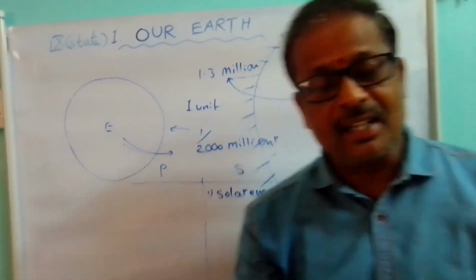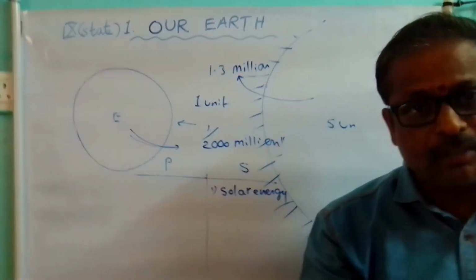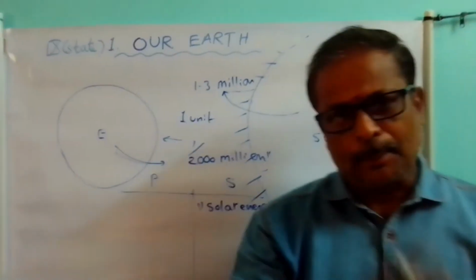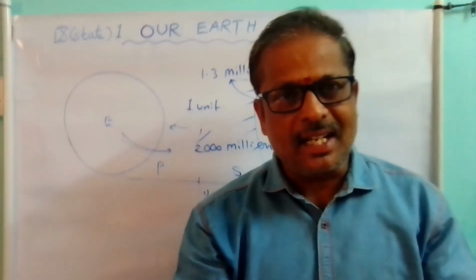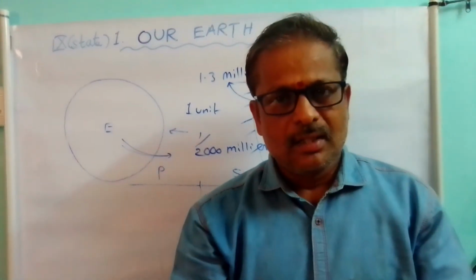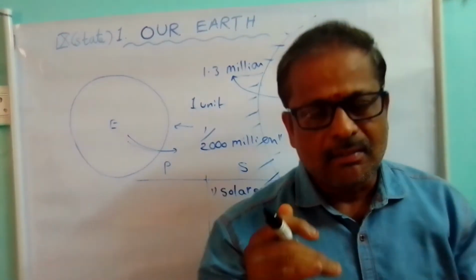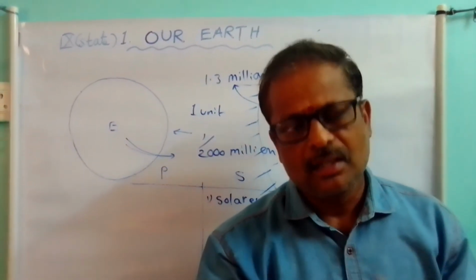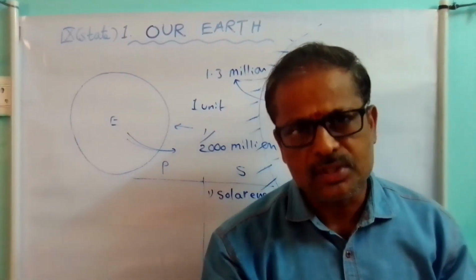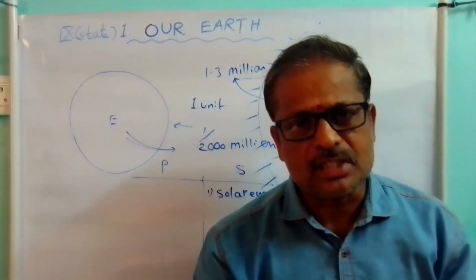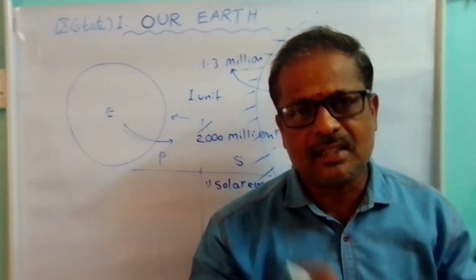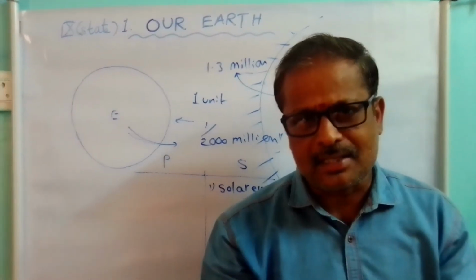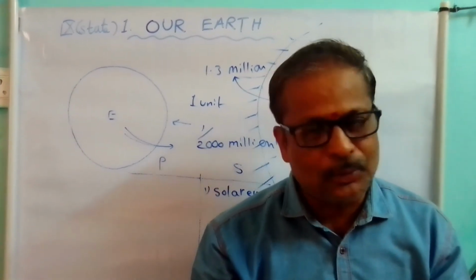How can we identify the difference between a star and a planet? Suppose in the night time, when we go to an open place near our house, or when we are going to sleep, we can see in the sky a number of lightning particles along with the moon.